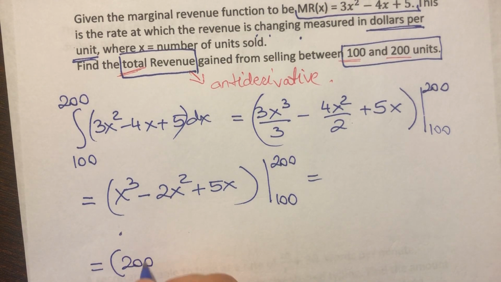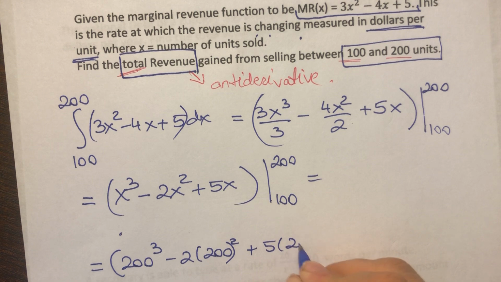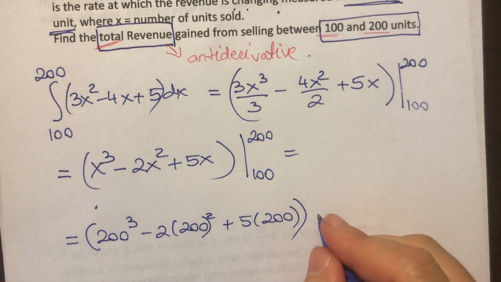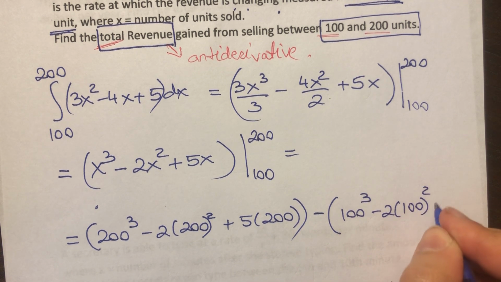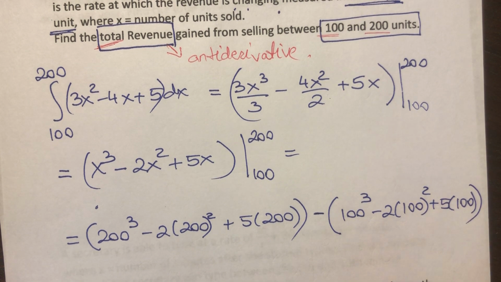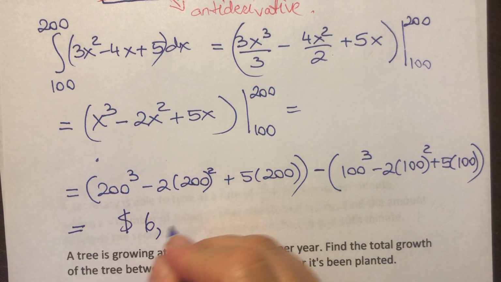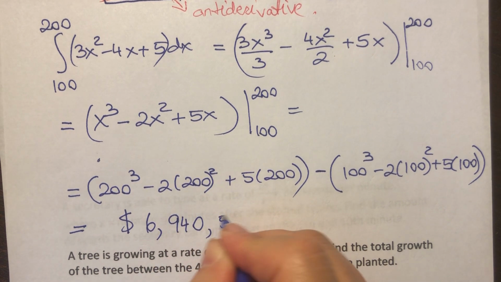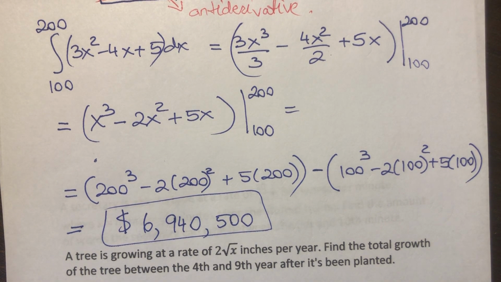I plug in 200, put that in your calculator, minus, plug in 100. Okay, put that in your calculator, and you're going to come up with a huge number, 6,940,500. So you're going to gain close to $7 million from selling between the 100 and 200 units of whatever it is that you are selling.